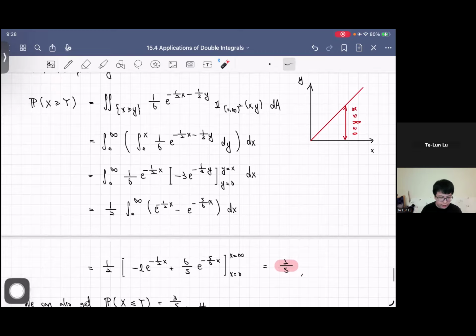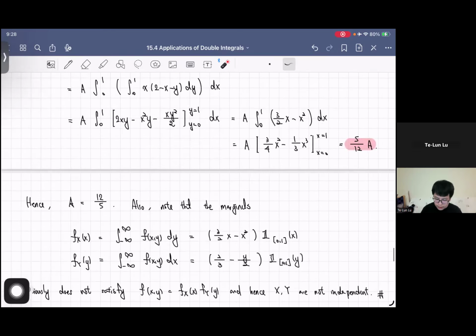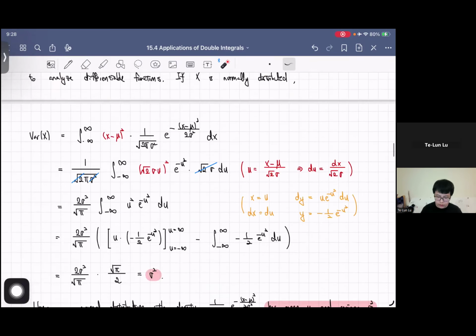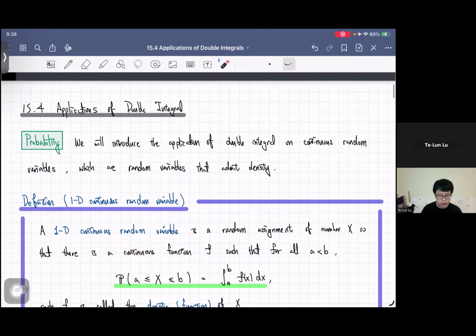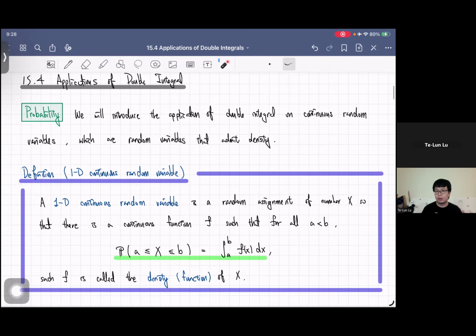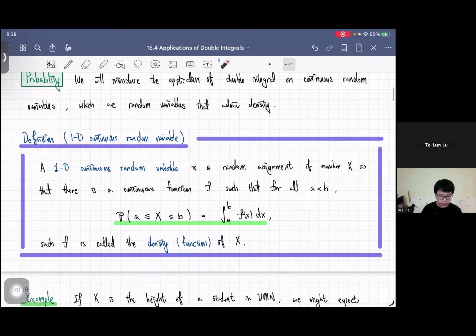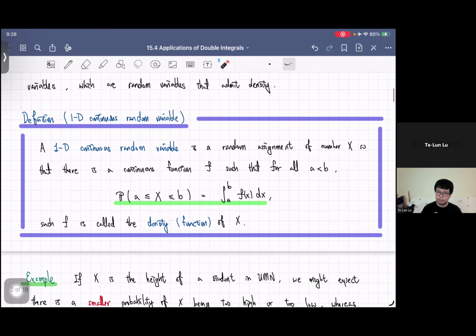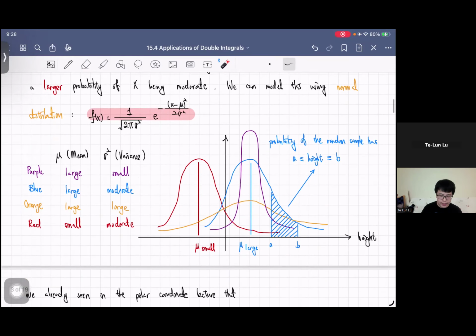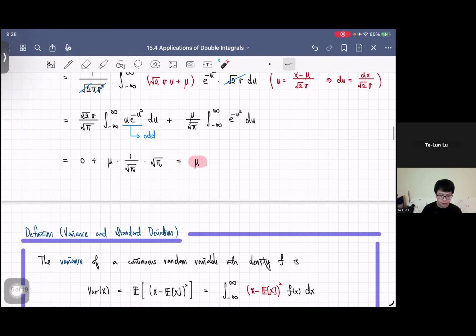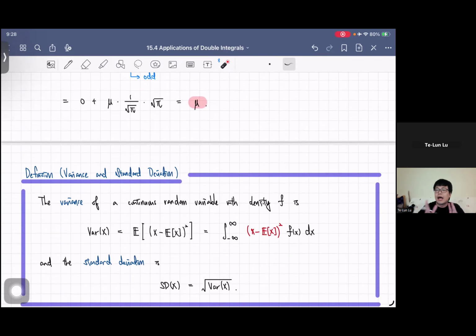So yeah, let us go through this again. This was an introduction to the application of double integrals, in particular to probability. We introduced the one-dimensional continuous random variable and the 2D version. We also introduced the concept of mean and variance, where mean characterizes the average of the distribution, and variance characterizes the spread from that mean.